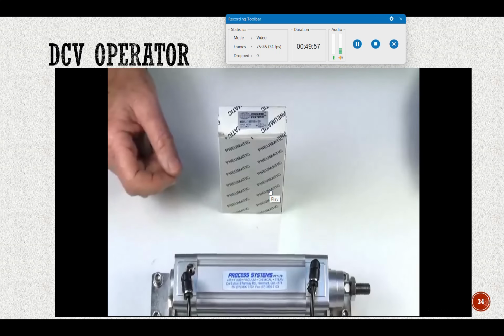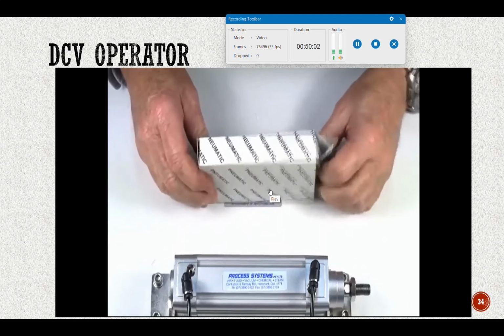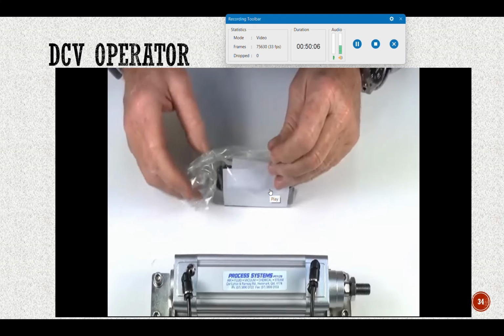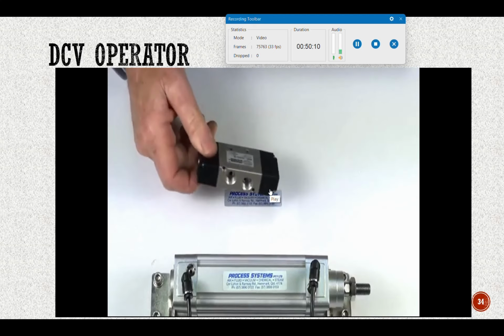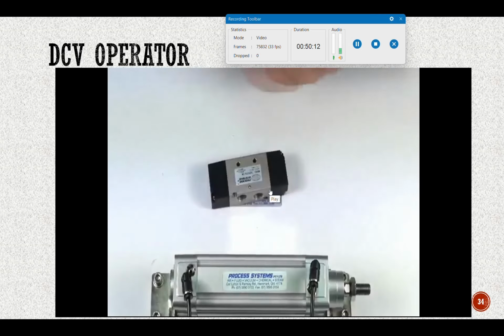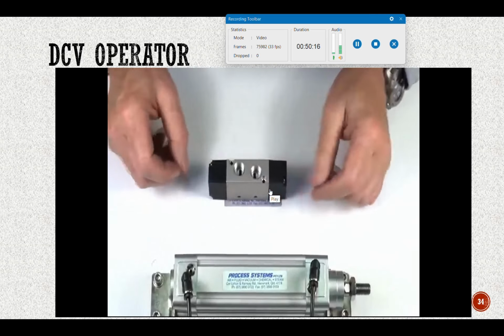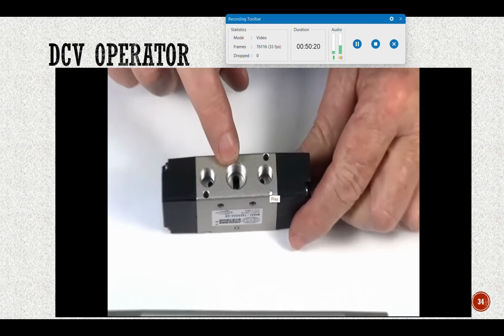This is a 5-way double pilot valve. It's available in 1/8, quarter, 3/8 and 1/2 inch BSP. We have an inlet supply here, in this particular case quarter BSP.